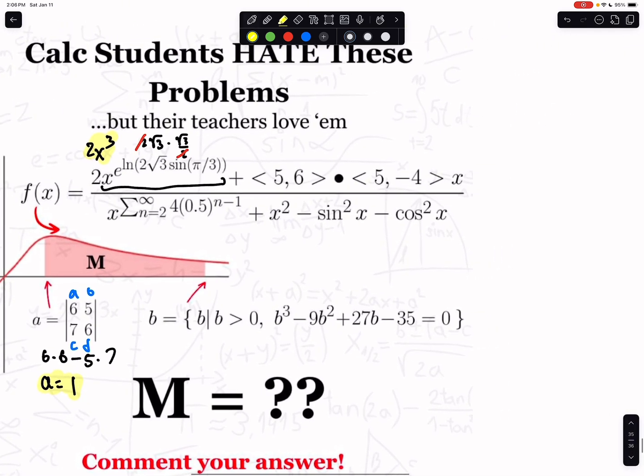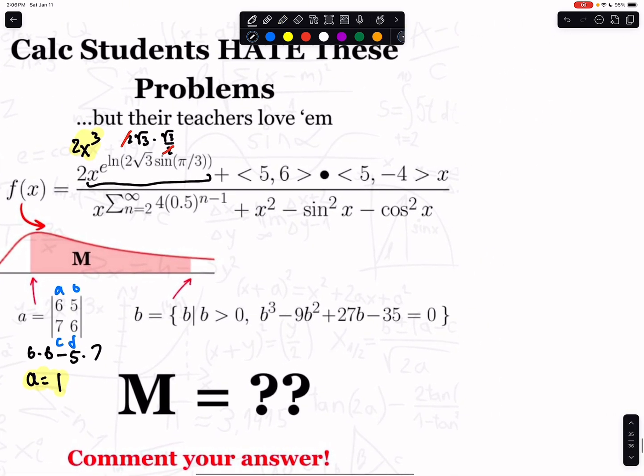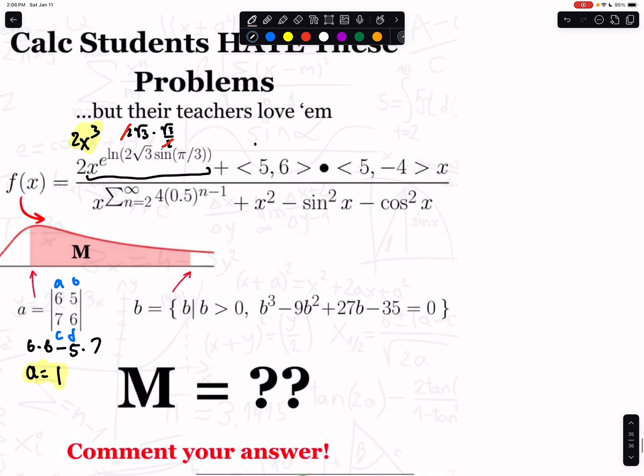And then this is a vector dot product. I proved this on the channel, understanding, not memorizing. Go watch it. So this is x1, y1, x2, y2.